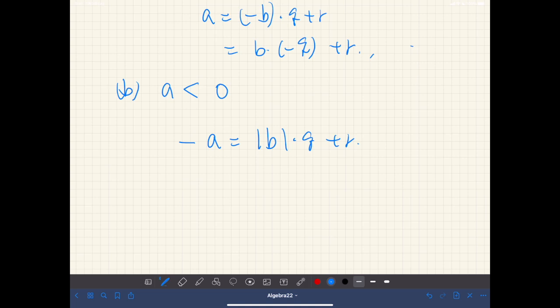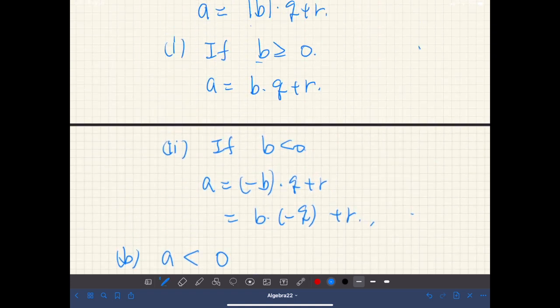Then moving this negative sign to the right hand side, we have a is equal to negative modulus of b times q minus r. Now, here is a problem. It's a negative number here.